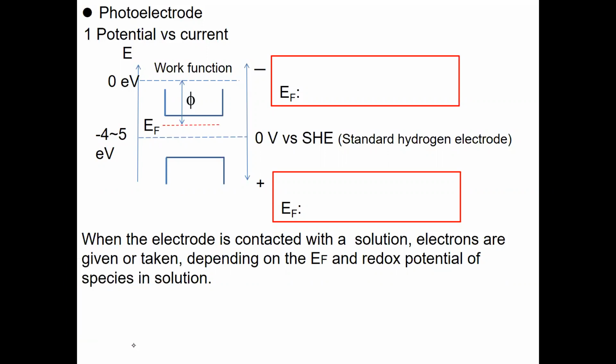If you apply the voltage toward the downward, meaning that the Fermi energy is pushed down by applying voltage, it is called anodic potential. Then, in this case, Fermi energy will move downwards.